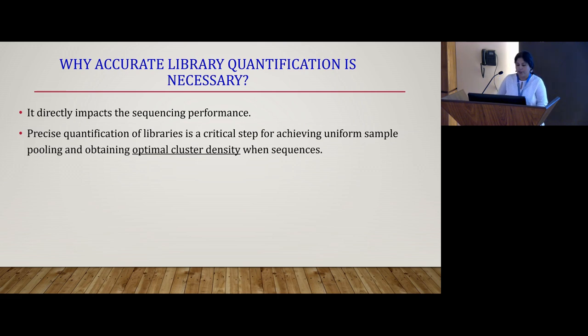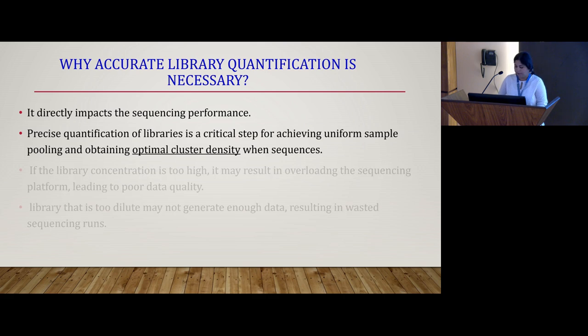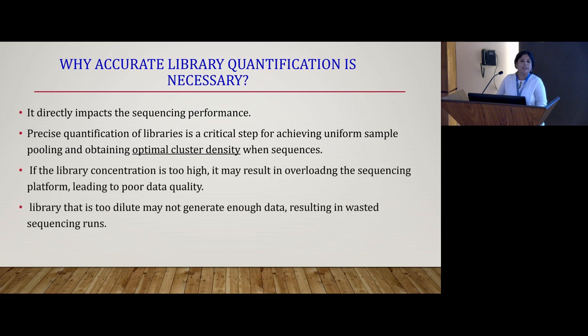Precise quantification of library is a critical step for achieving uniform sample pooling and optimal cluster density when sequenced. If the library concentration is too high, it may result in overloading the sequencing platform, leading to poor quality data. On the other hand, if the library is too diluted, it may not generate enough data, resulting in a wastage of your sequencing run.